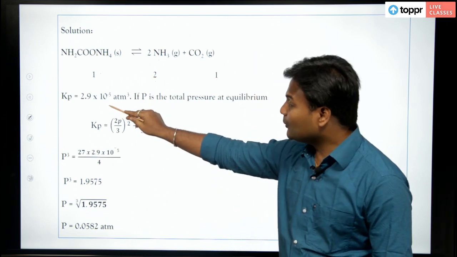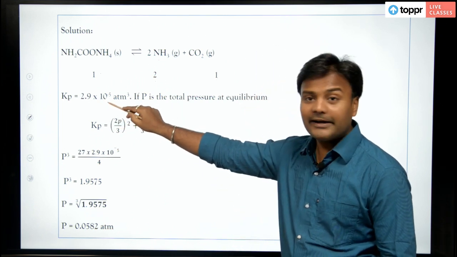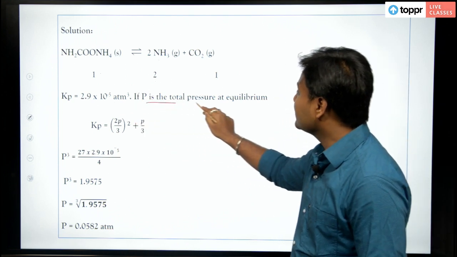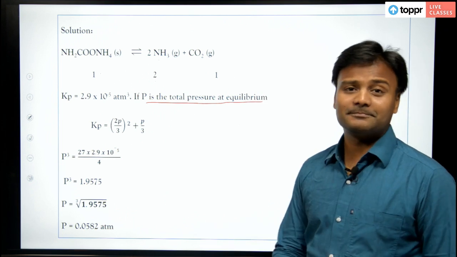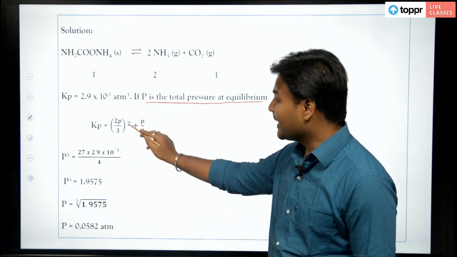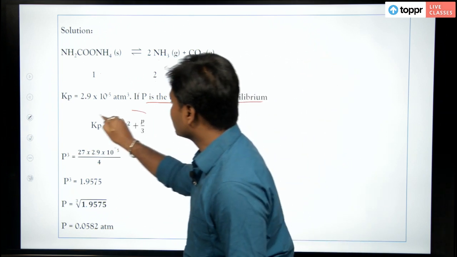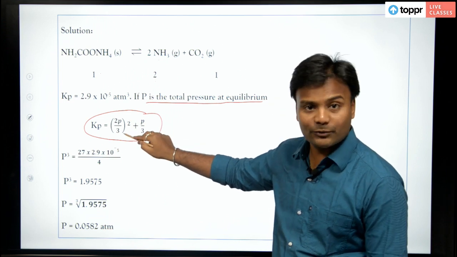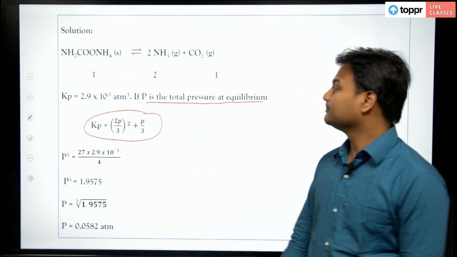The Kp value is 2.9 into 10 raised to minus 5 cubic atmosphere. If P is the total pressure at equilibrium, then Kp will be, you should know this, (2P by 3) whole square times P by 3.